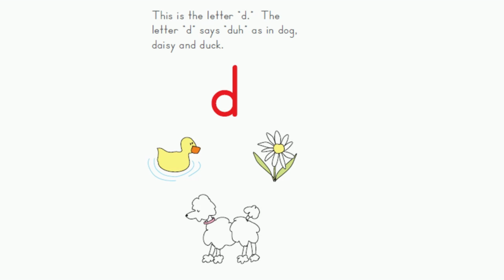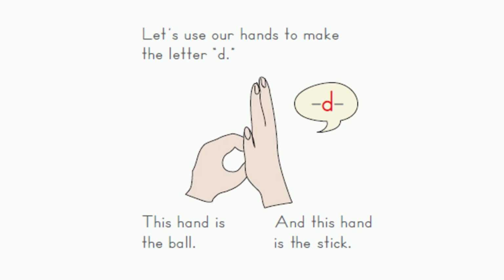So now let us see how we make letter D in our hand. Do you remember? I told you the letter O is made with your left hand. So when you attach the palm of your right hand to the letter O, letter D is formed.